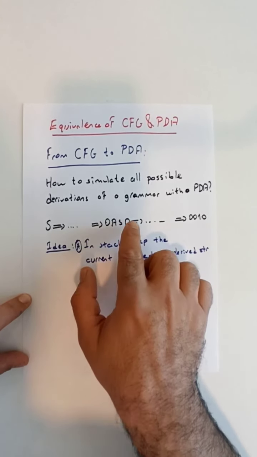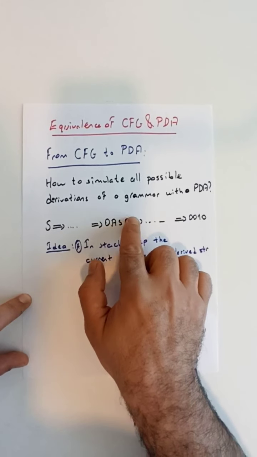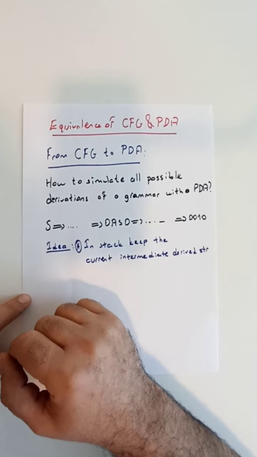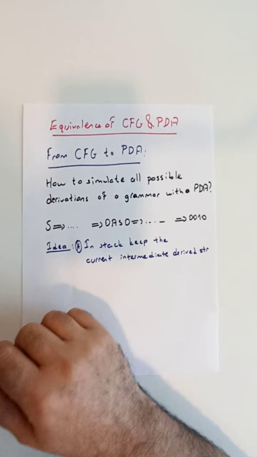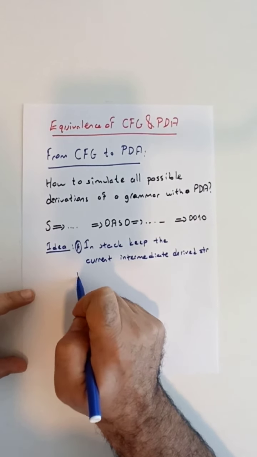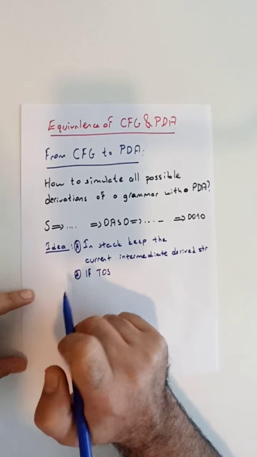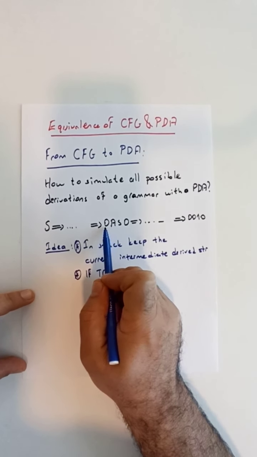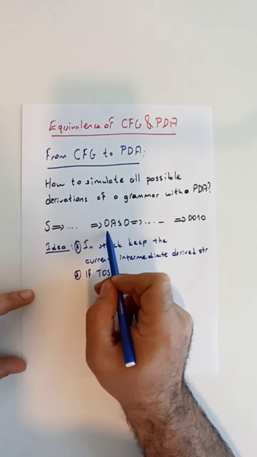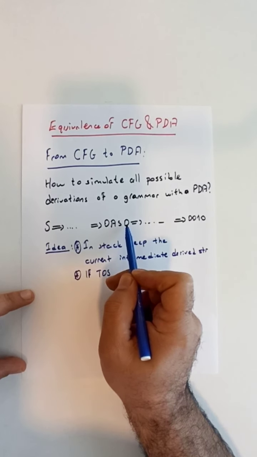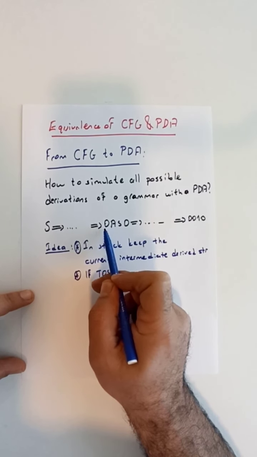Since we will be keeping such intermediate strings in our stack, there are two possibilities for the top of the stack. If the top of the stack is a terminal, just like this one, so if this was the intermediate string that we record in our stack currently, our top of stack would be this terminal 0.